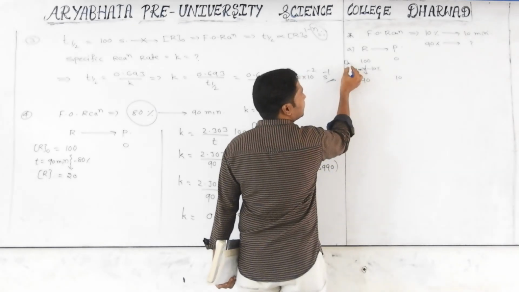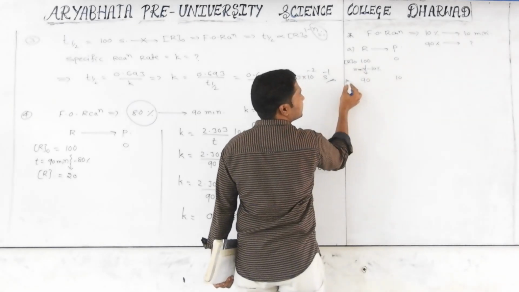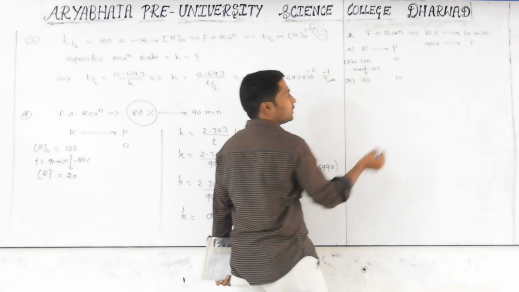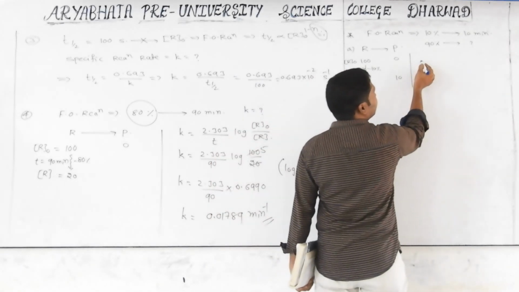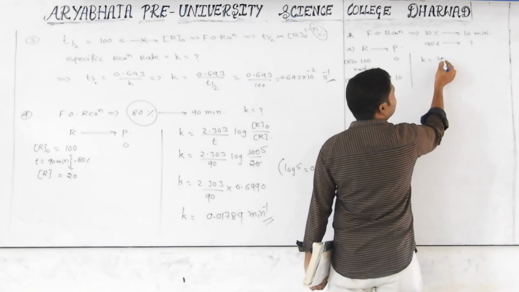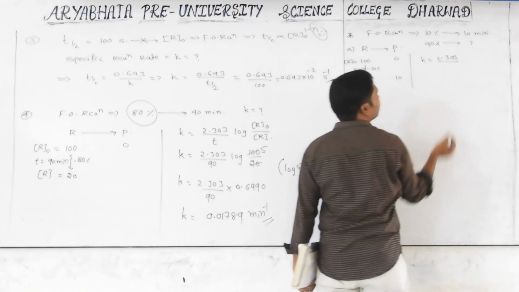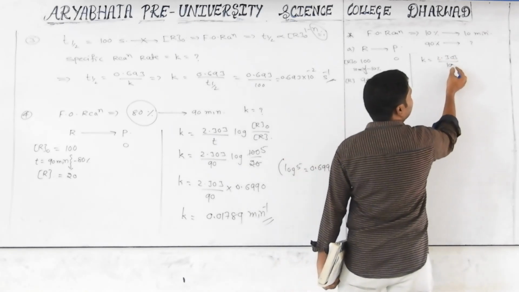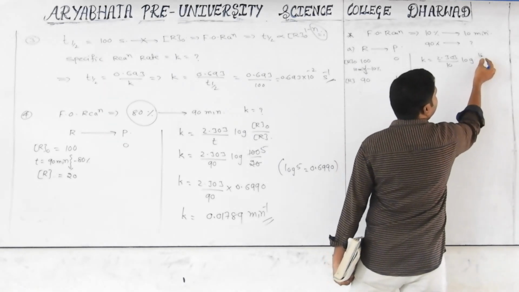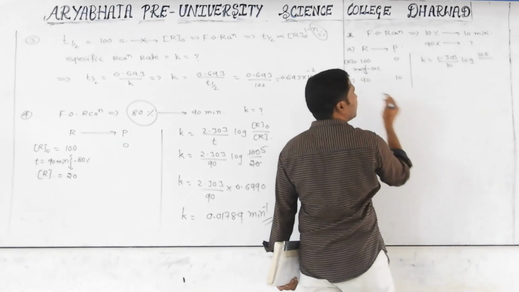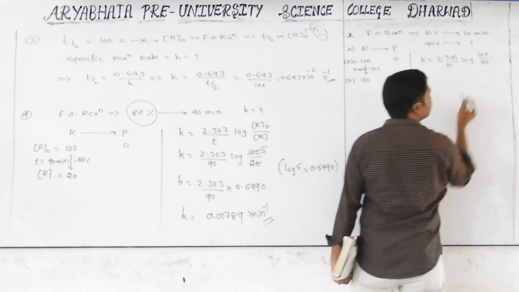So this is the initial concentration, this is the final concentration. Substitute in the integrated rate equation. K is equal to 2.303 by time interval, 10, into log initially 100, finally 90. Yes or no?